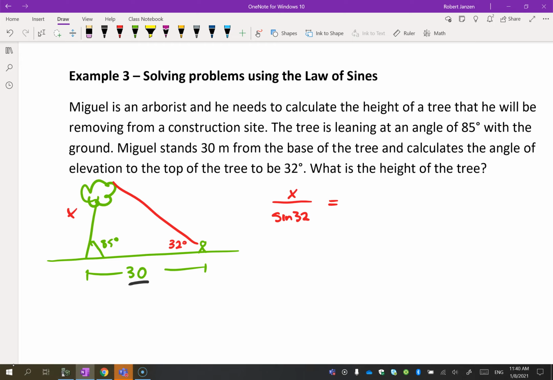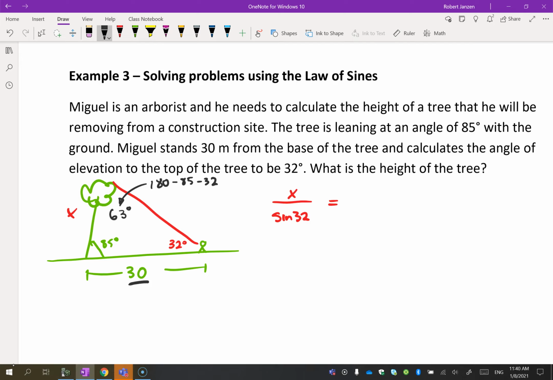Well, the good news is I can find this missing angle because I know this missing angle will be 180 take away 85 take away 32. So that's going to be 63 degrees, I believe. Yep, 63 degrees.